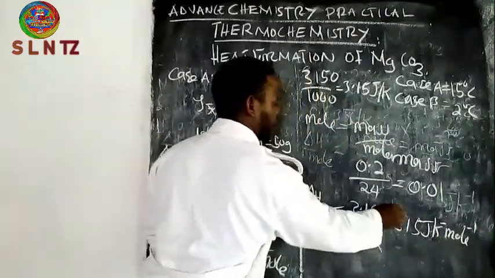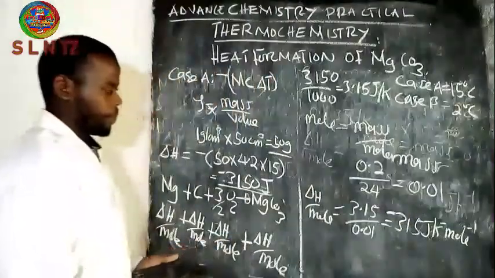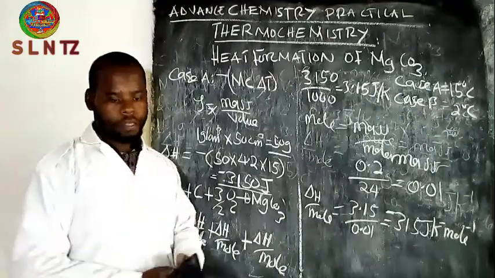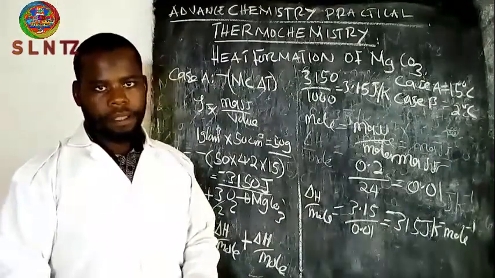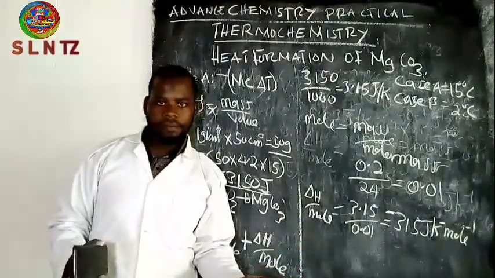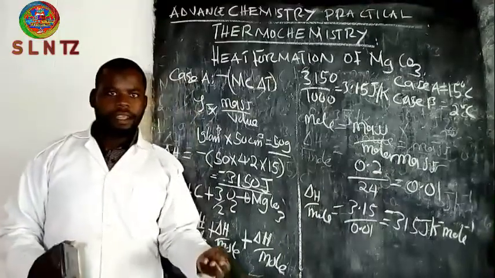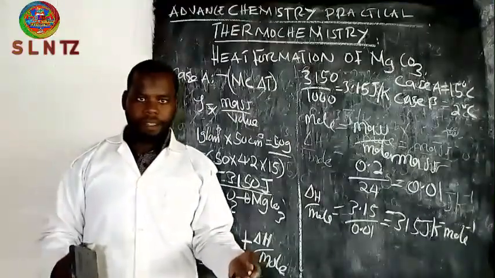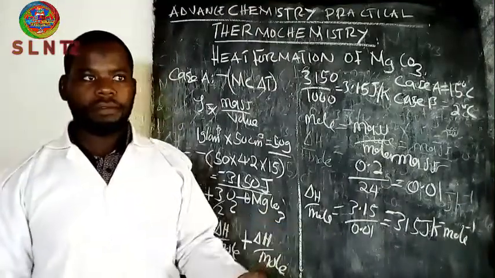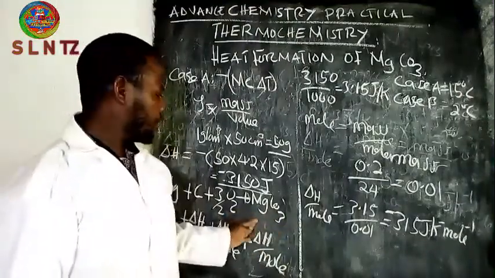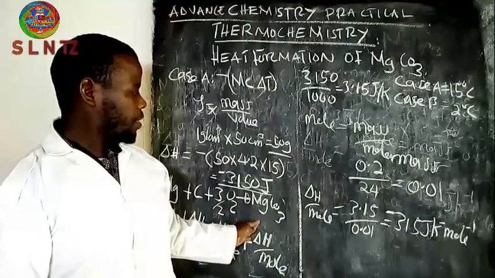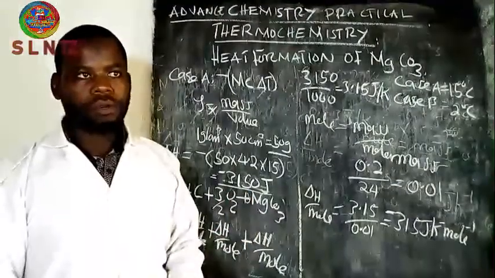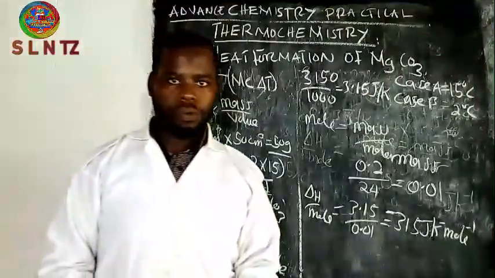And this is negative. That is in case 1 or procedure 1. Do you understand? Hello student, do you understand what it is? Now we are in case 1. Yes, we go to case number 2.